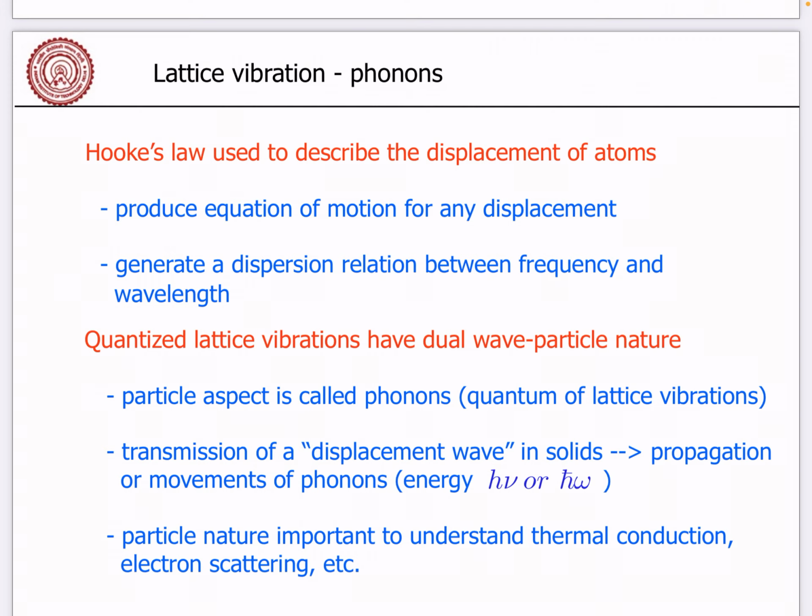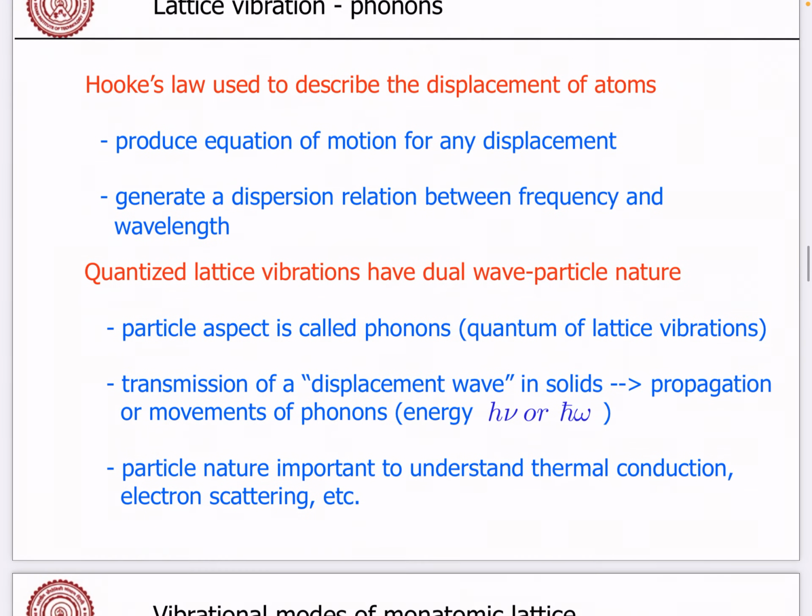Okay, so what I've discussed is that the quantized lattice vibrations have dual wave-particle nature, right? The particle aspect is called the phonons, a quantum of lattice vibrations, and the transmission of a displacement wave in solids is equivalent to the propagation or movement of phonons.